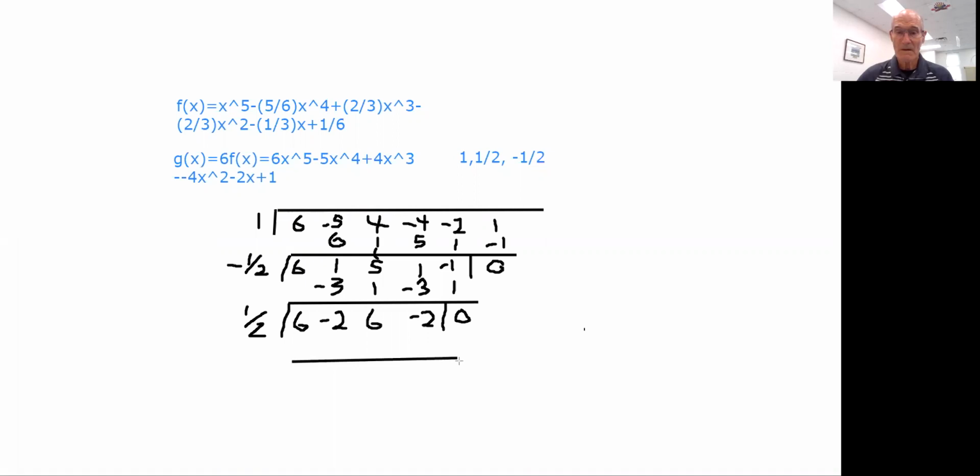Now I can drop down my 6. Half of 6 is 3. I get a 1. And once again, this is not going to work.